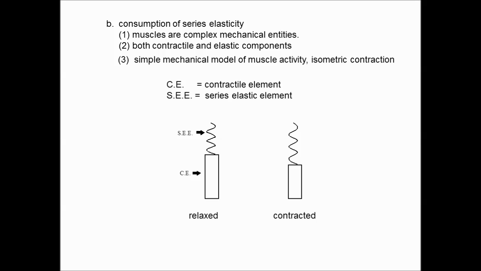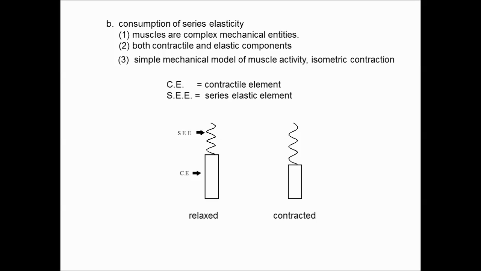And so what happens mechanically is a sum of both the active elements, sometimes called contractile elements, and the elastic components. And so you have to take all these into account when you're trying to explain what's going on when the muscle contracts. And we often draw little sketches that look something like this.